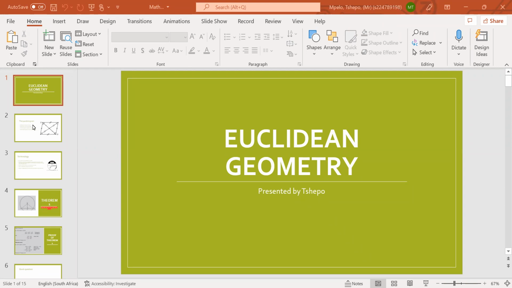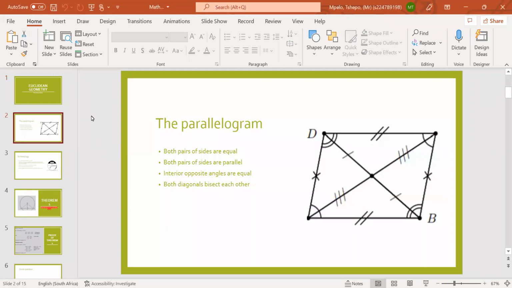Now, the first basic thing that I would like to plead with you to please memorize is the properties of the parallelogram. With the parallelogram, both pairs of sides are equal.